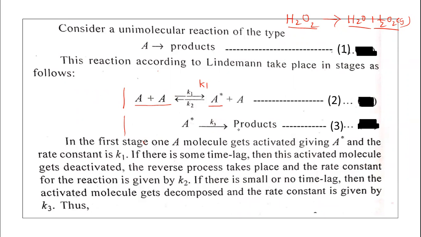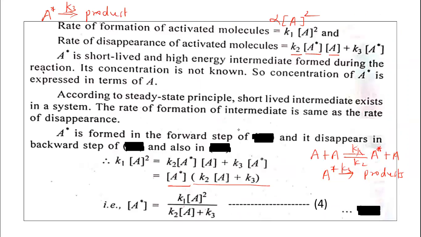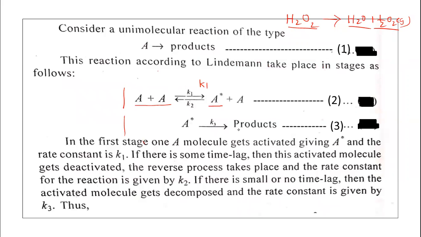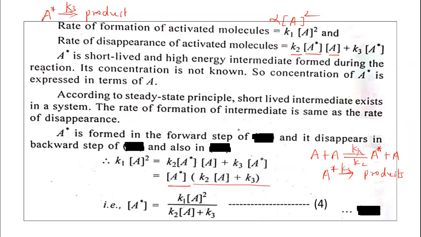On the basis of this mechanism, we can find the concentration of the activated complex A star, and the rate of the reaction depends upon the concentration of the activated complex. By putting in the values, we derive that the concentration of A star is equal to K1 into A square divided by K2 into A plus K3, equation 4.